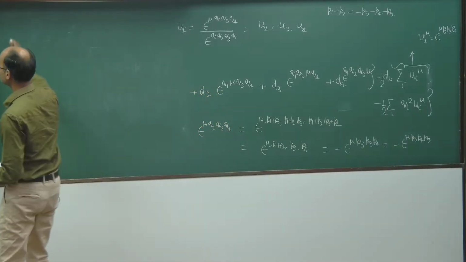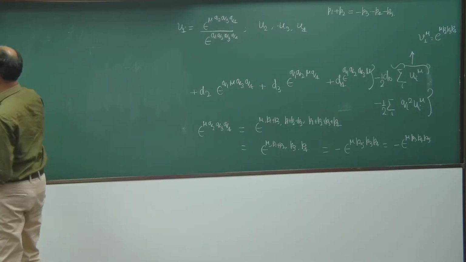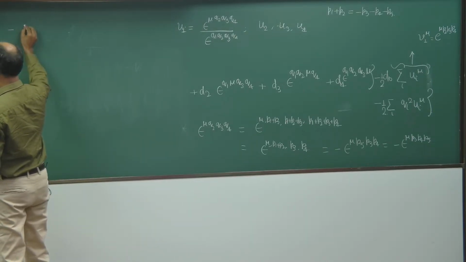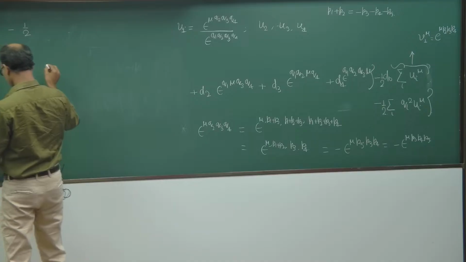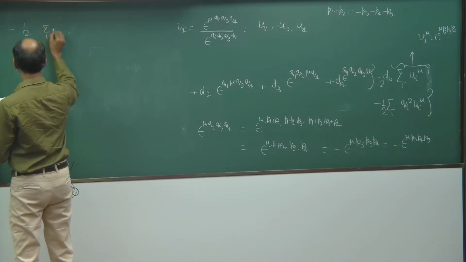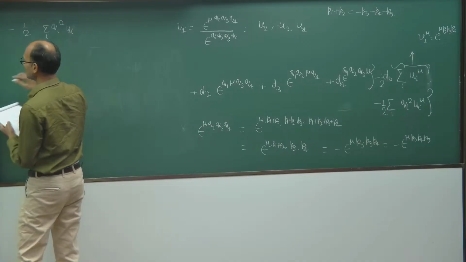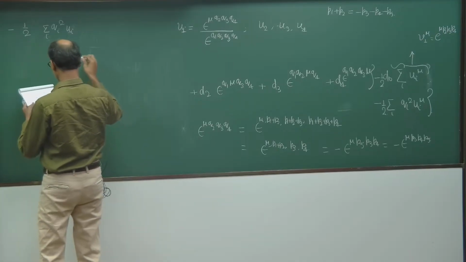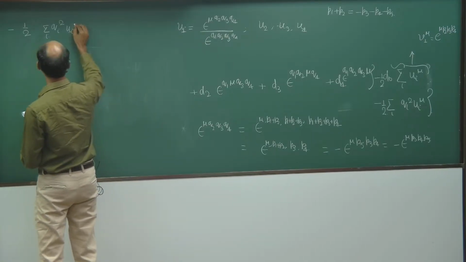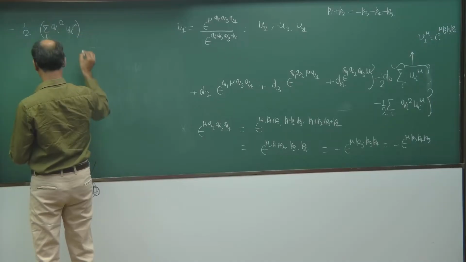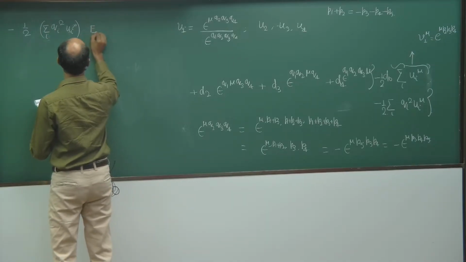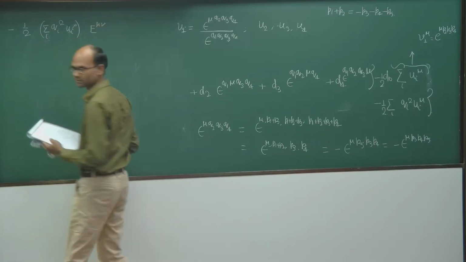So yeah, just a moment, I will write this term and then minus half sum over i qi squared u i rho times E mu nu.